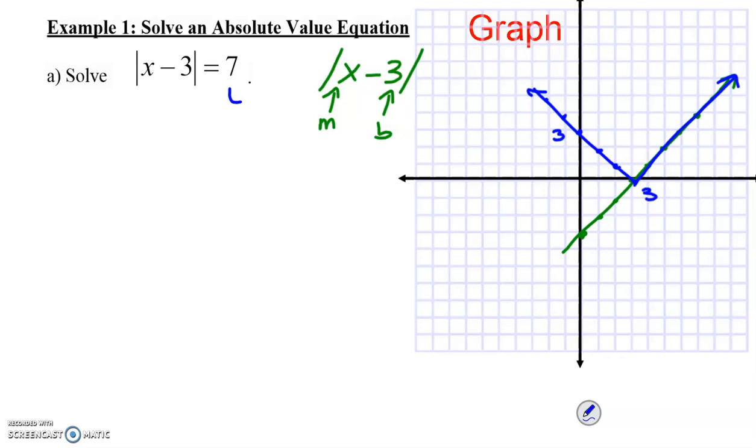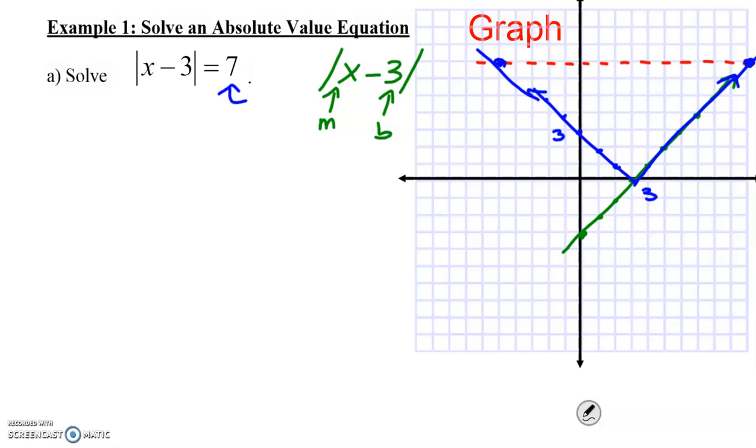Now, the equation is equal to 7. So what that basically means is I would need to find where this graph meets 7. So 3, 4, 5, 6, 7. So the line of 7 would be right here. So I need to continue on that absolute value graph to see where it meets 7. And those would be the solutions that I'm looking for.